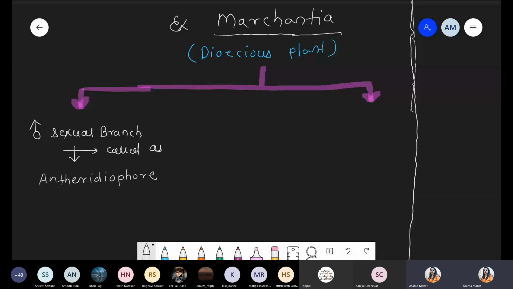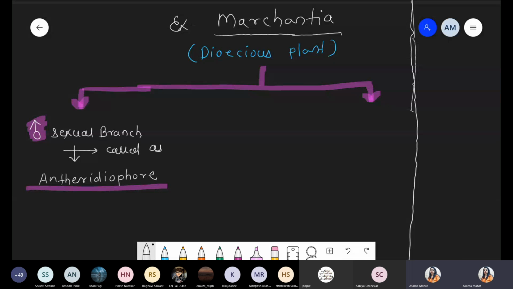Gametophore means male gamete or female gamete. Phore represents the branch where the sex organs are present. So in this condition we use the word antheridiophore, where the male sexual branch is present.